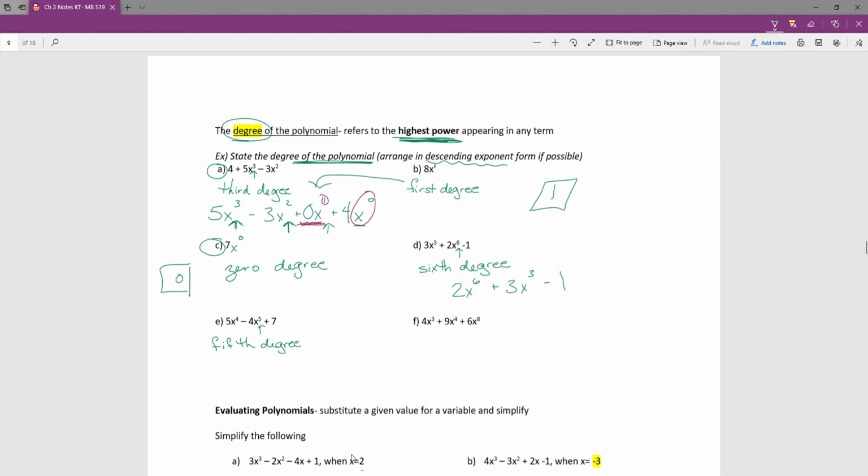And writing it in descending order, I'd have a negative 4x to the 5, a positive 5x to the 4, and a positive 7. The last one here, the highest exponent that I can see is an 8, so it would be the 8th degree. And writing it in descending order would give me a 6x to the 8, a positive 9x to the 4th, and a positive 4x cubed.